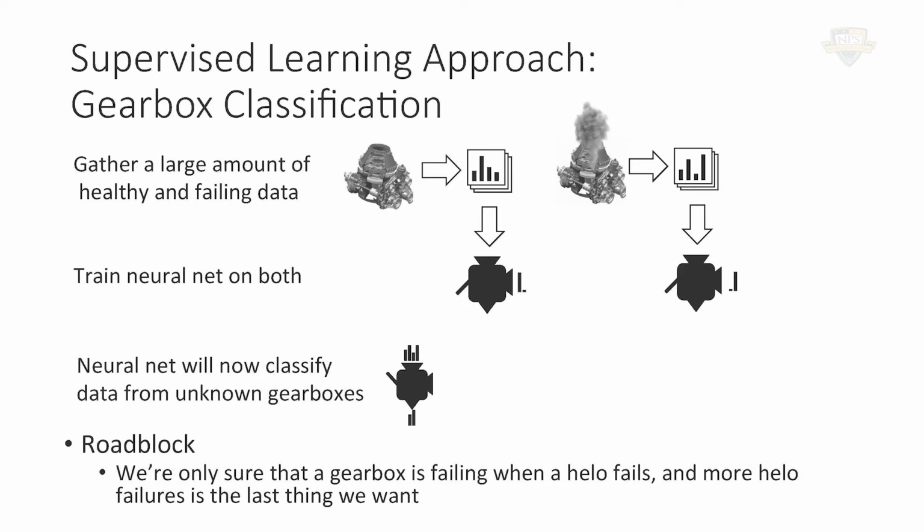We could take healthy gearboxes like this one. We could gather their vibration spectra. We could train with my black box supervised learner, and we'd say we want that first output to be high when we have a healthy gearbox. We could get a bunch of unhealthy ones. Same process, except in that case, we want the second output to be high, and that's how we'll know when the system is saying it's healthy or unhealthy.